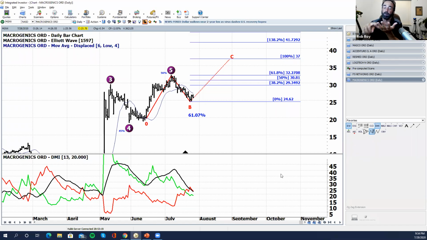Remember, corrections are flats, zigzags, and triangles. Those are your three corrective patterns. If this B, and this is another cool thing about this zigzag tool, if the B were to come down to 70%, then we could be moving into a flat, but that takes away this zigzag to the upside.